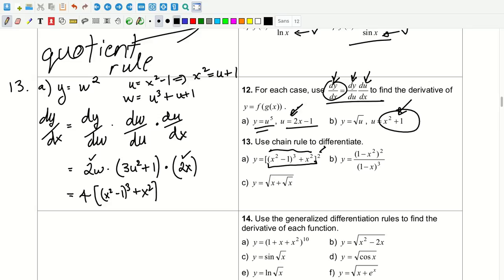Notice I'm not including the exponent of 2 on the outside, it's what's inside. Times 3, and u is x squared minus 1, squared. So this is nasty, plus 1, and then it's just x at the end. I'm just going to take that x and place it right here, and I think we are done.